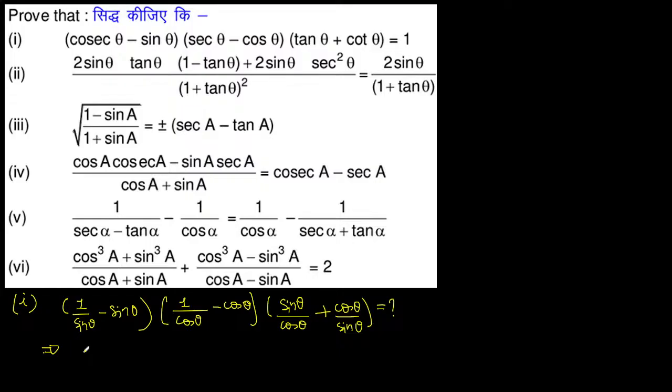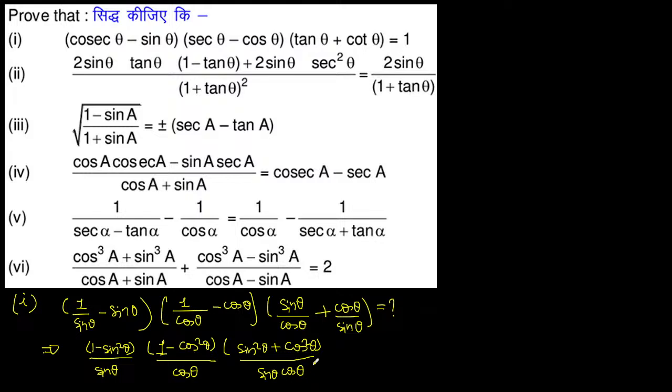Taking LCM, we got (1 minus sin square theta) upon sin theta, we got (1 minus cos square theta) upon cos theta, and here we take (sin square theta plus cos square theta) upon sin theta cos theta.